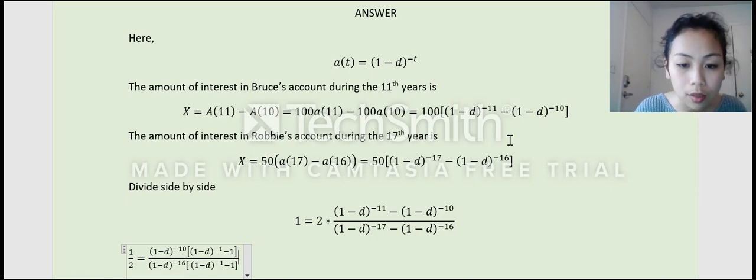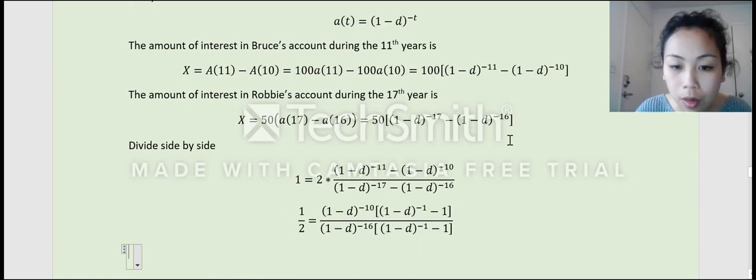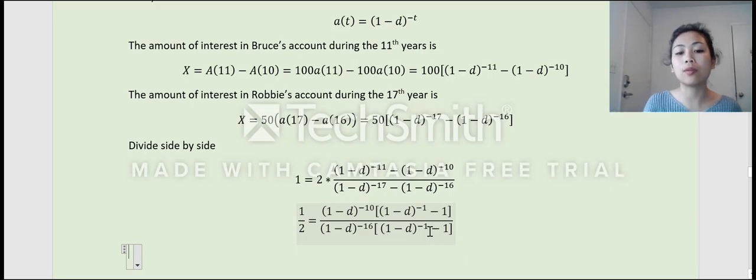And you see here on the top and at the bottom we can cancel the factor (1 minus d) to the power of negative 1 minus 1.